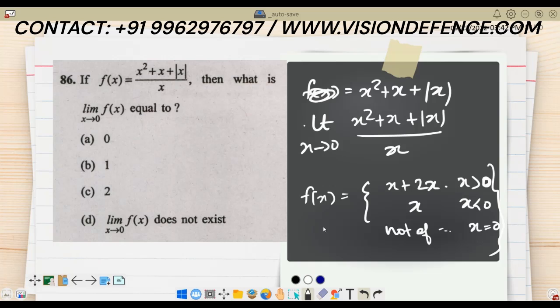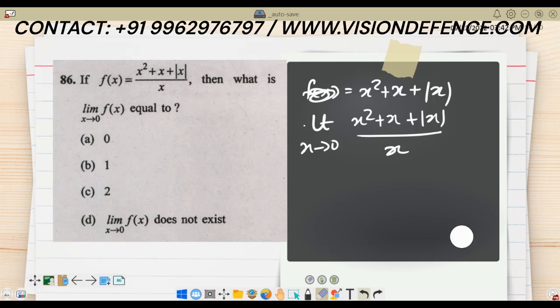Why? Because even if you apply L'Hospital's rule, so we're going to apply L'Hospital's rule. Let's check if we get a different answer. So of course we get a 0 by 0 form. Applying L'Hospital's rule, it's going to be 2x plus 1 plus, this is a modulus function.